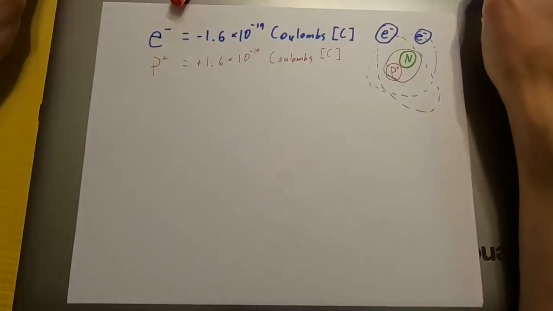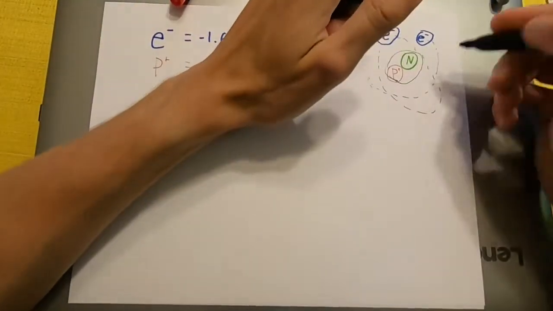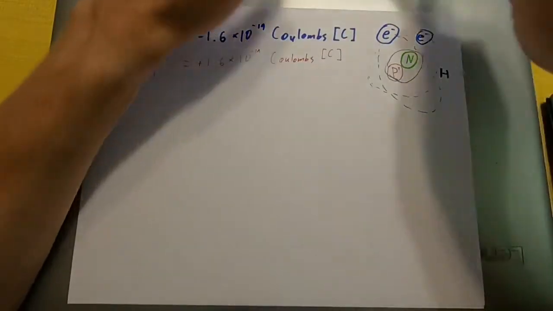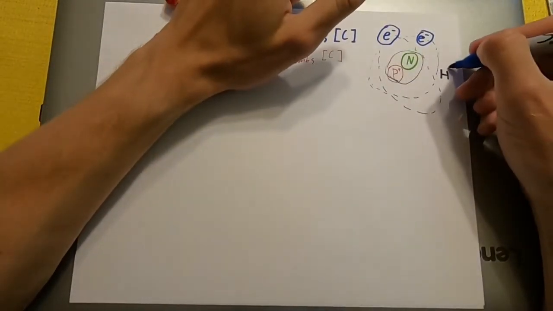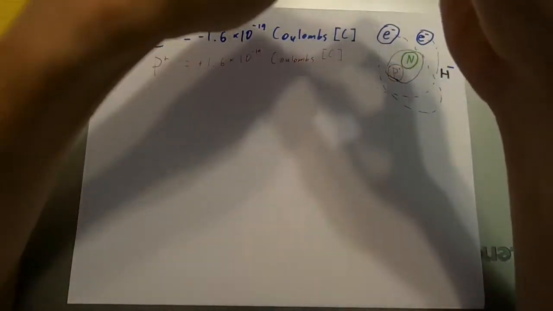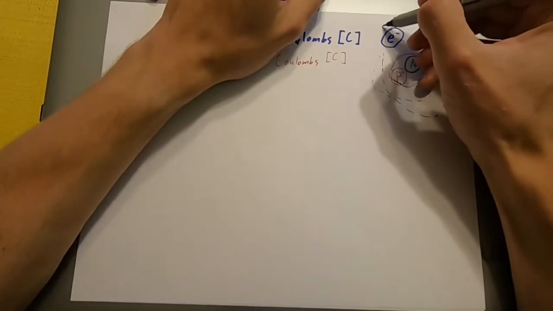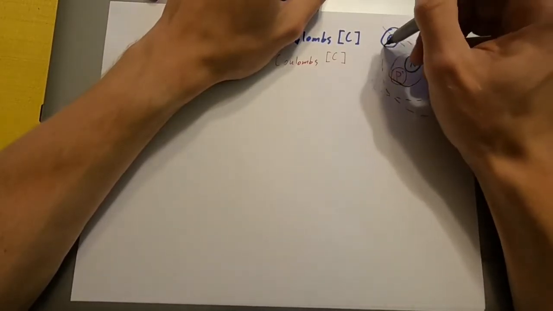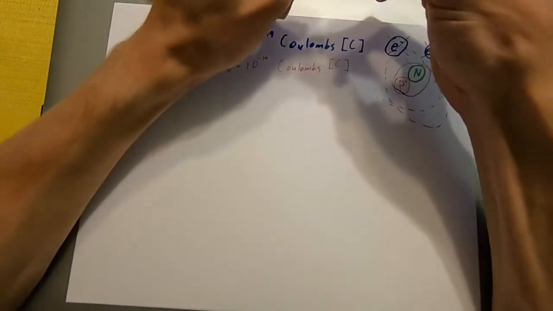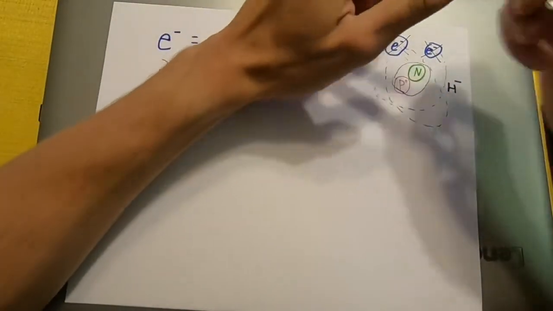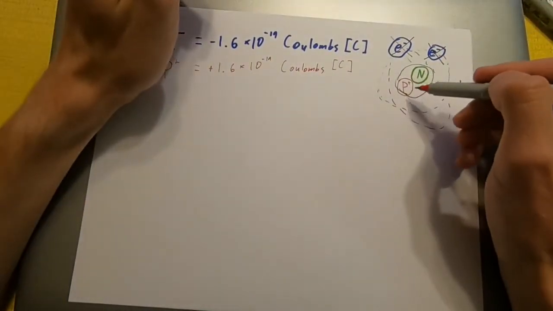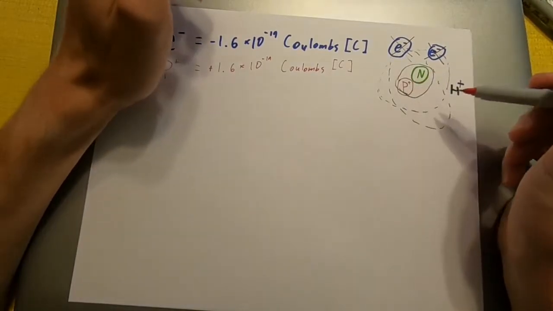This would then be a negatively charged hydrogen ion. Similarly, if we were to just blow off these guys here, this would then turn into a positive hydrogen ion, since the positive charge is the only thing that's left.